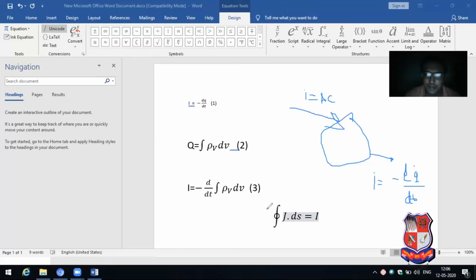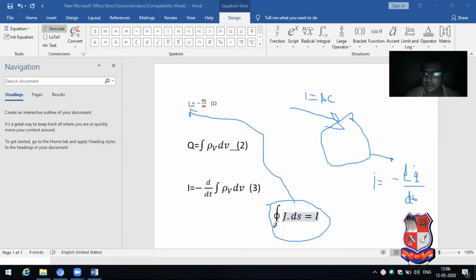So put this value in this equation. So closed integration J dot dS equal to minus del by del t of the integration of rho v dv.